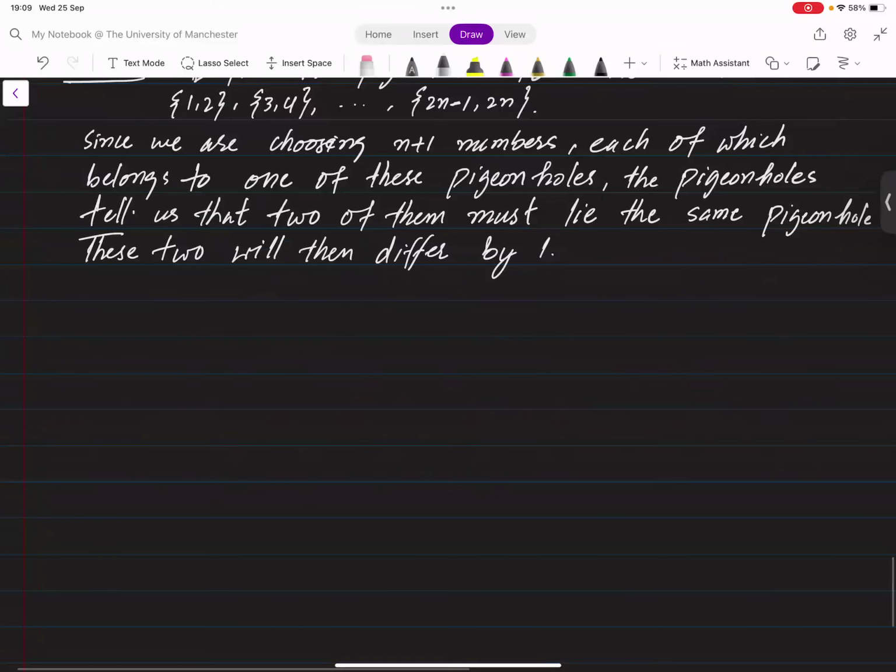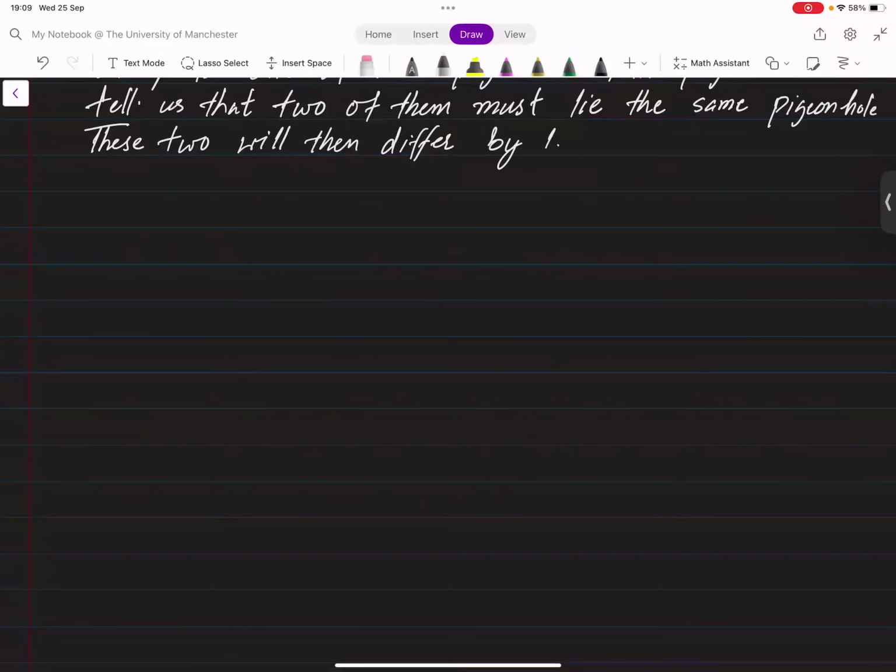Now, we'll discuss another topic, which is inverse functions. So what are inverse functions and how do we find the inverse of a function? Let's say we have a given function f.